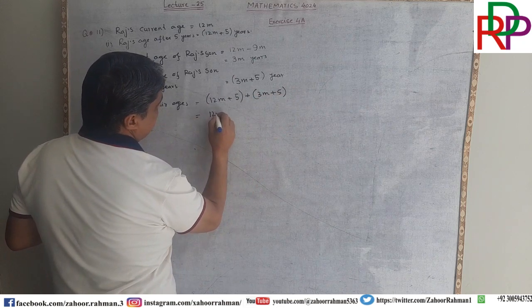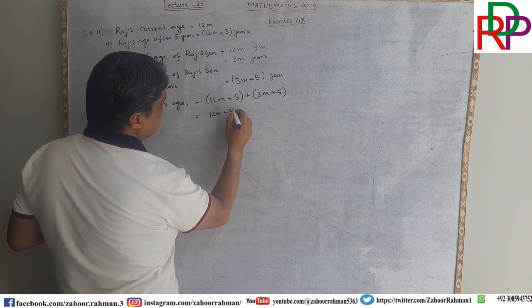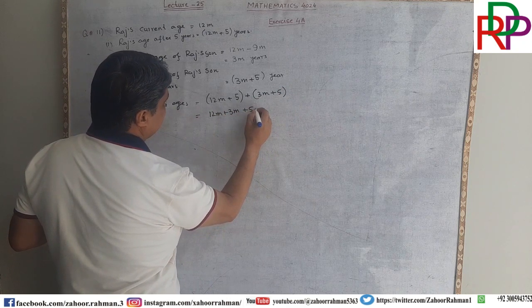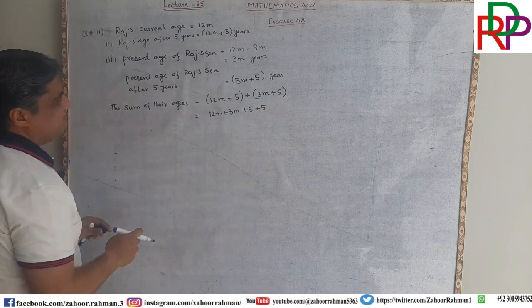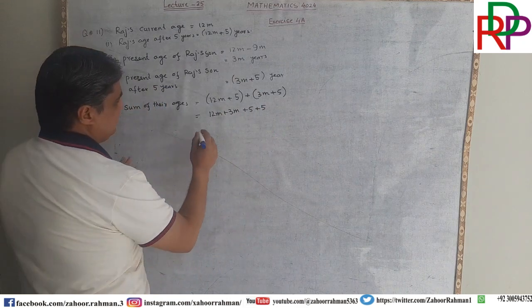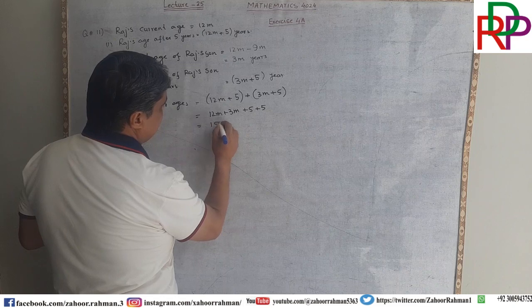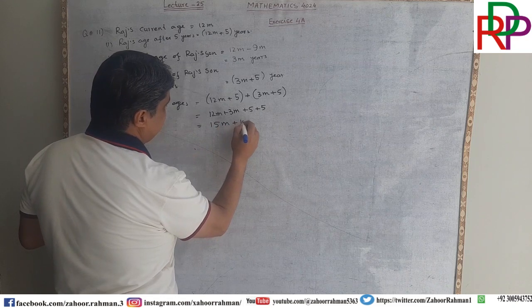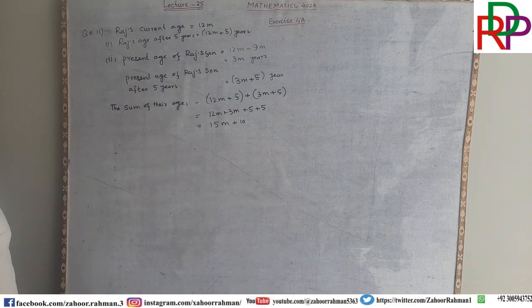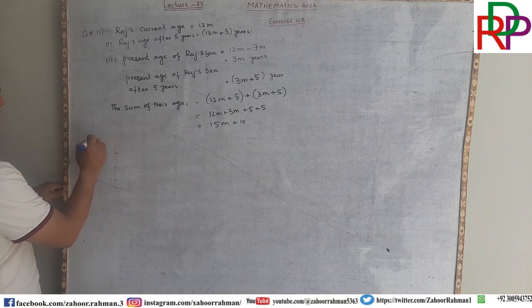So it means 12m plus 3m plus 5 plus 5 if we open these brackets. So it means 15m plus 10. And that is the ultimate answer.